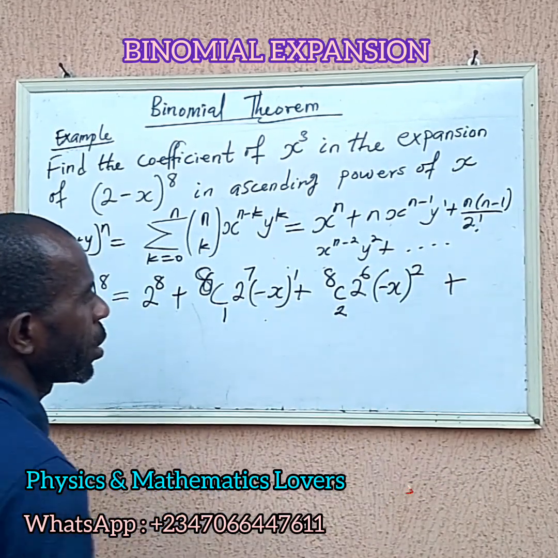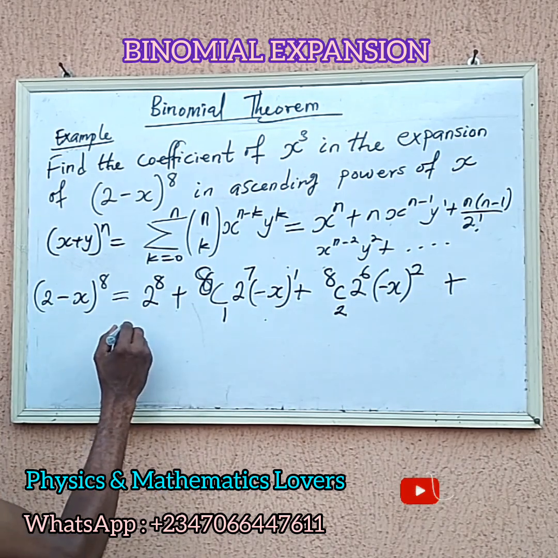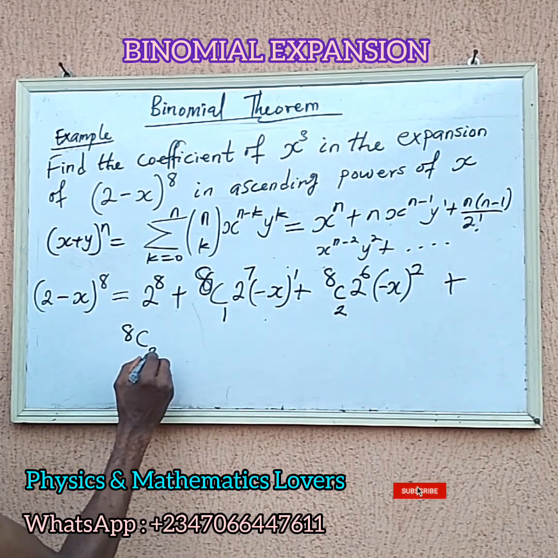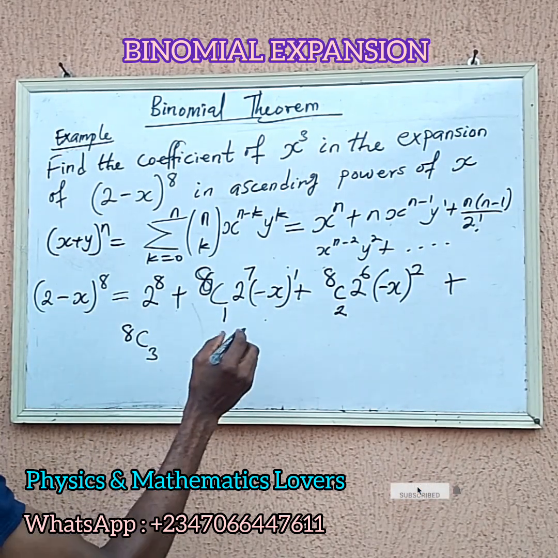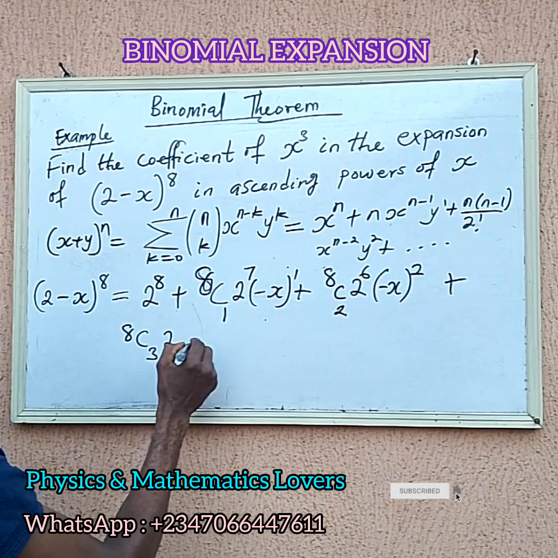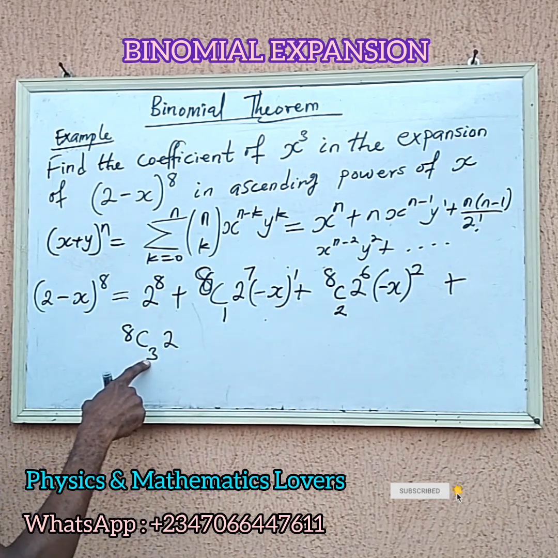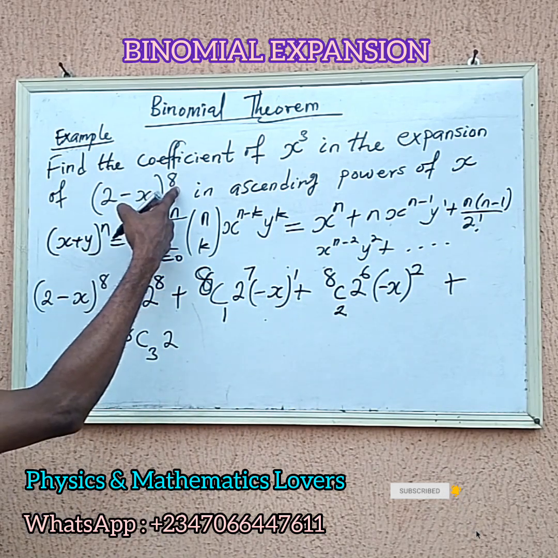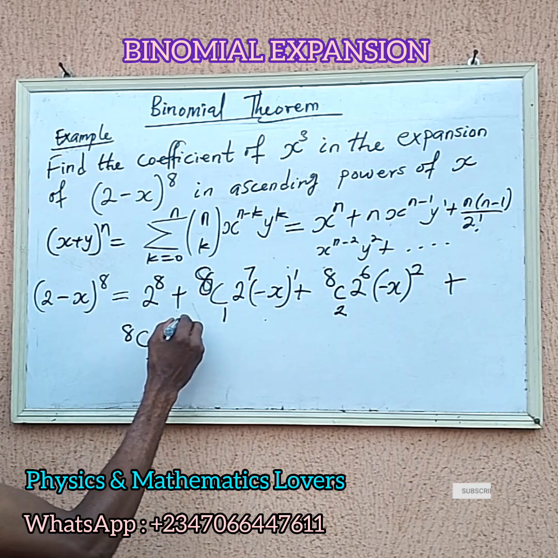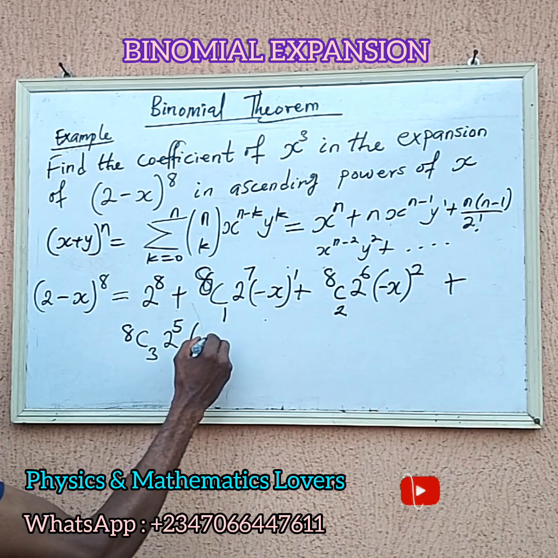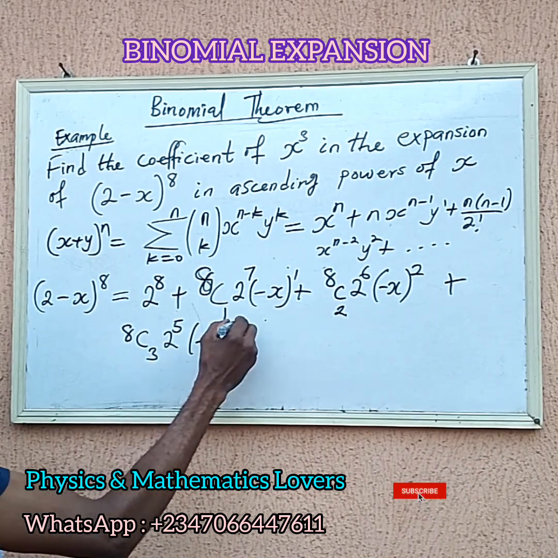Then plus the next one, 8 combination 3. Then we subtract 3 from 8, which gives us 5, so 2 raised to power 5, multiplied by minus x raised to power 3.